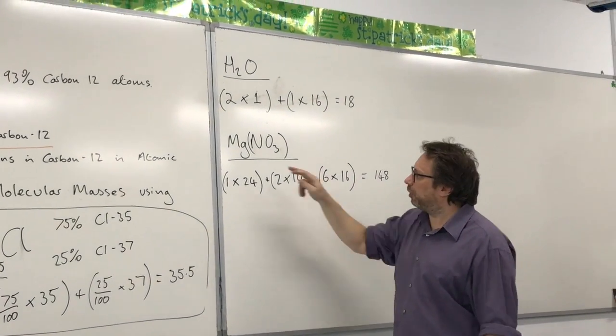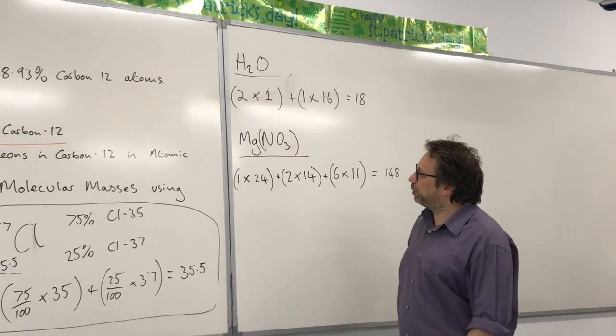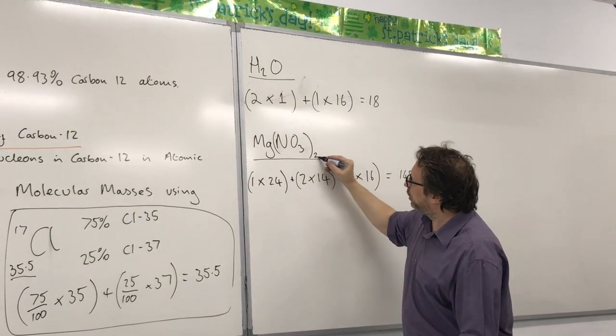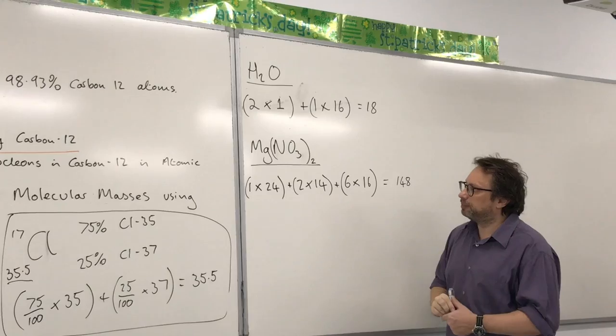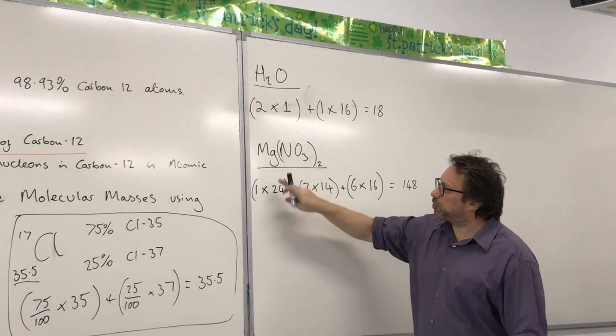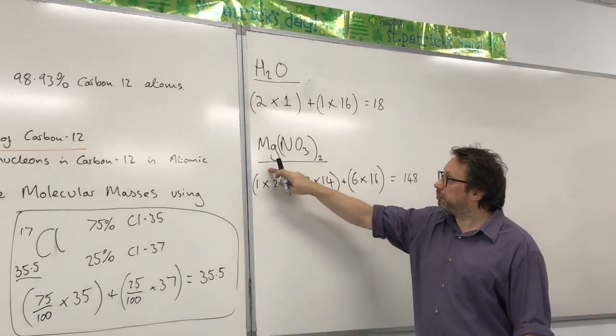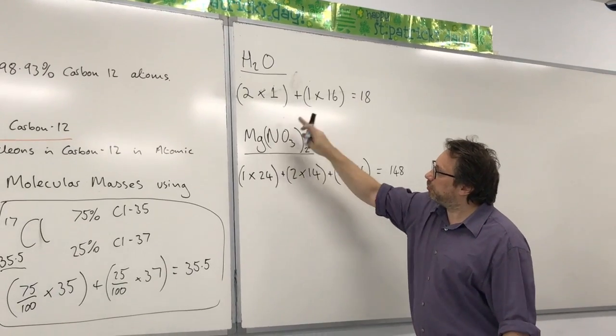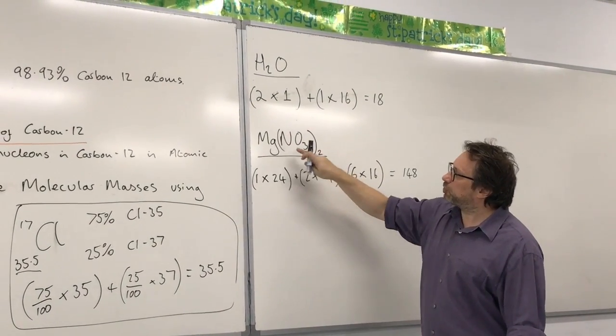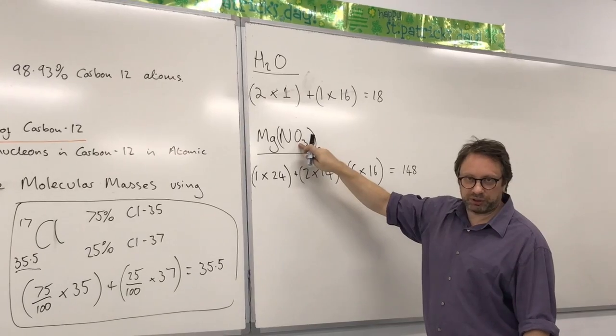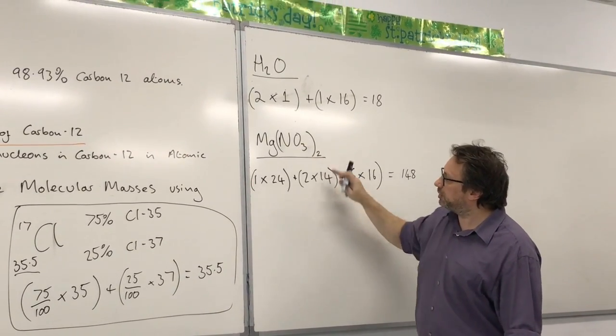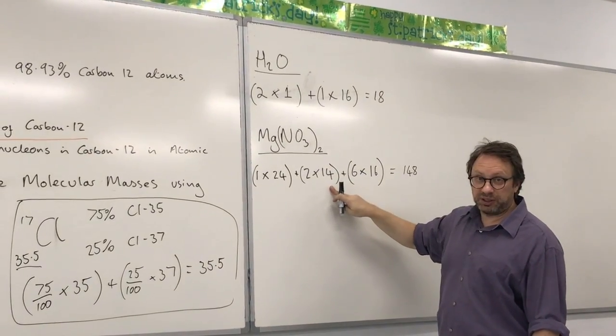How about this one though? Mg(NO3)2, well, what's Mr. Brough done? There's a 2 down there. 1 times 24, that's the magnesium. The N in brackets, which means we've got 2 nitrate molecules here. So that's 2 N's, 2 times 14.